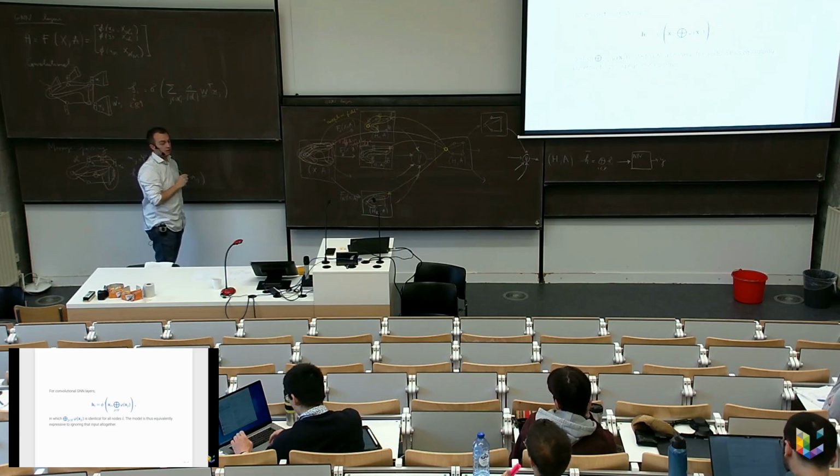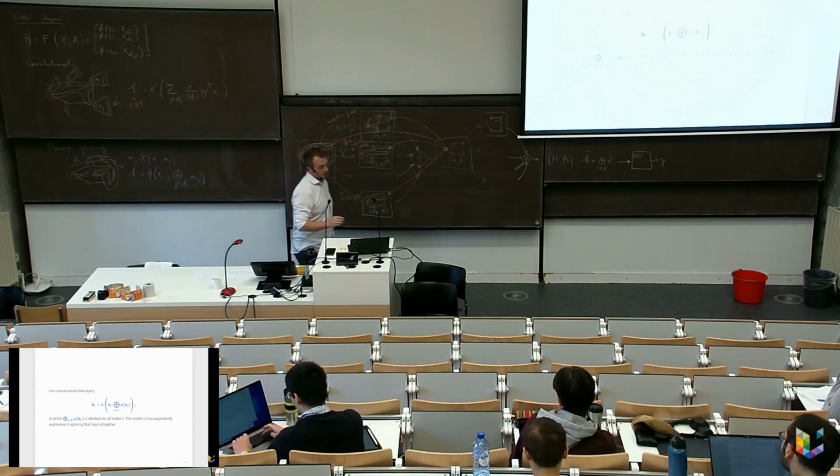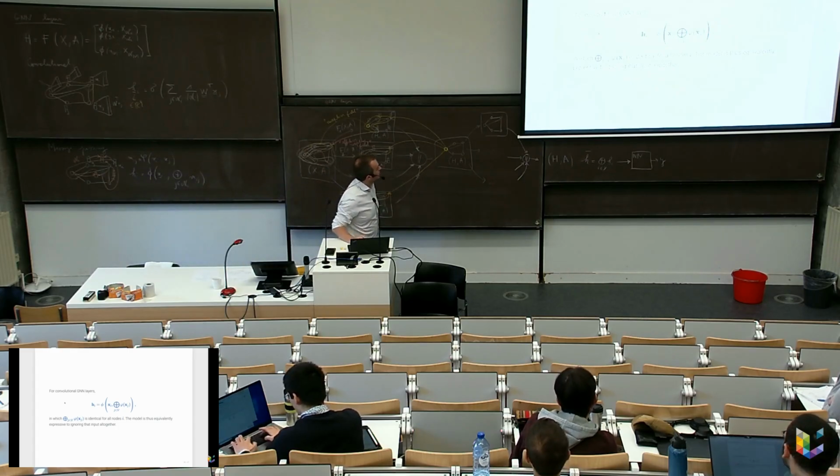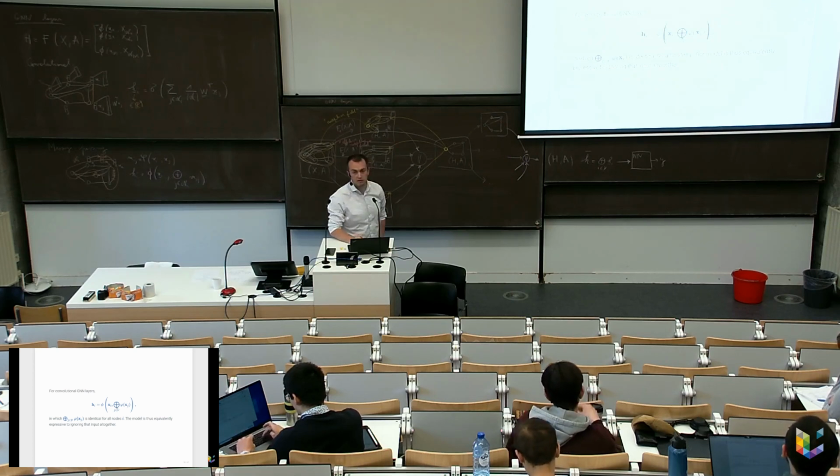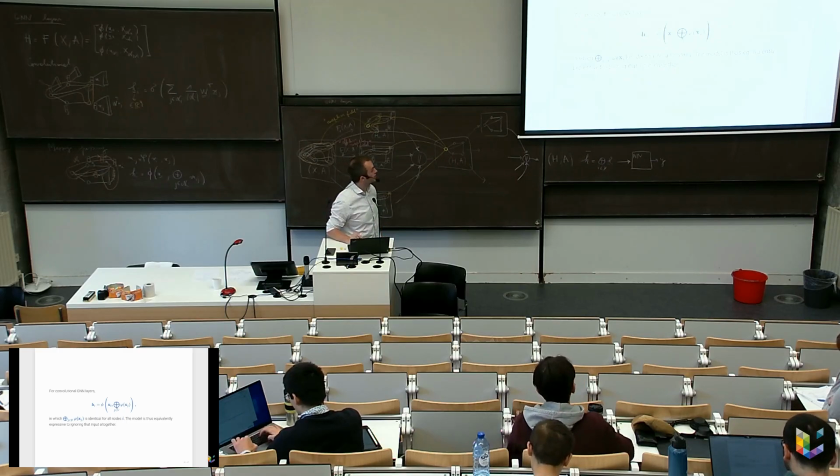So this quantity is constant across the nodes, which is a bit useless. If it's the same everywhere, we can actually remove it. It does not provide any information specifically at node i, so we can remove it.